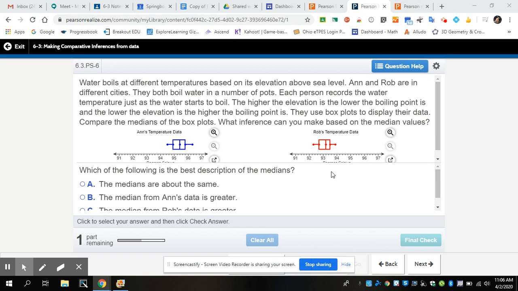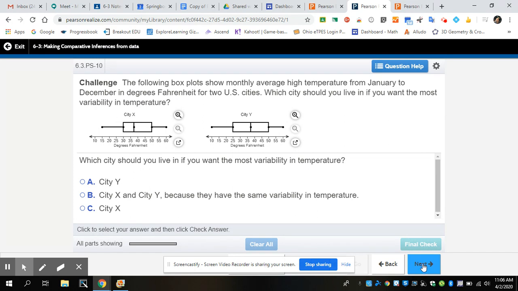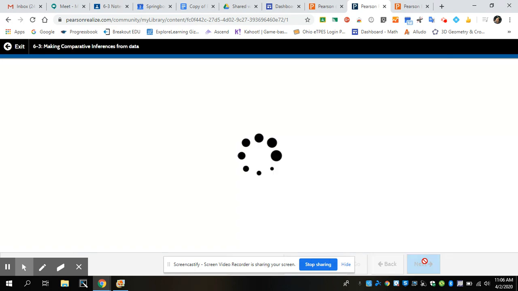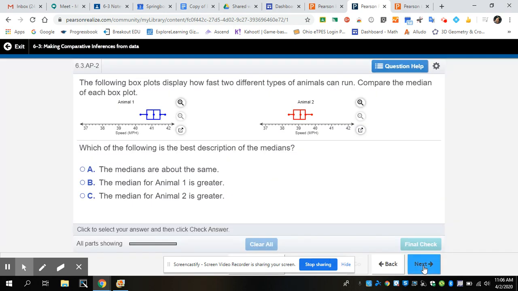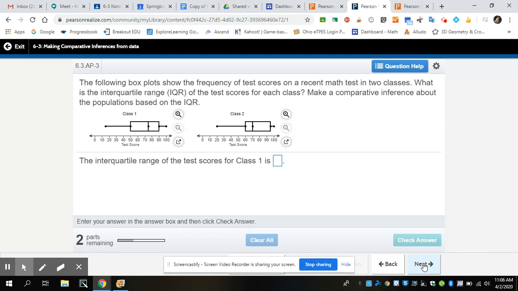So these box and whiskers are a little tricky because there's different parts to them. So let's find one right here. I'm going to find a good one. Let's say right here, because this one's got interquartile ranges on it.